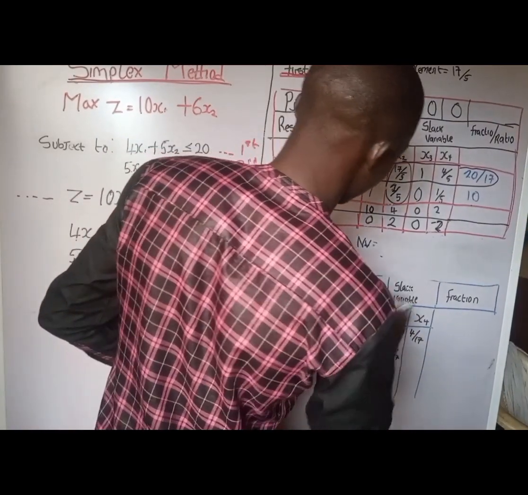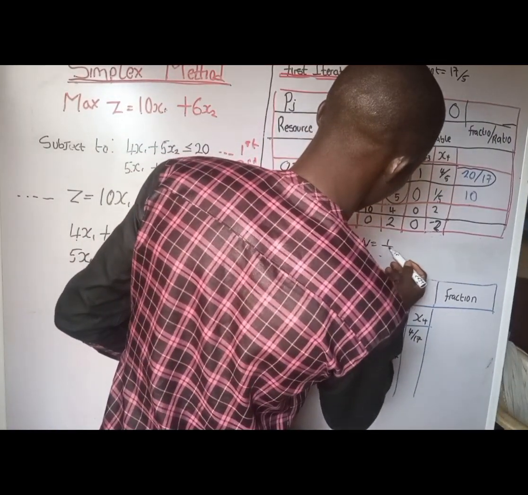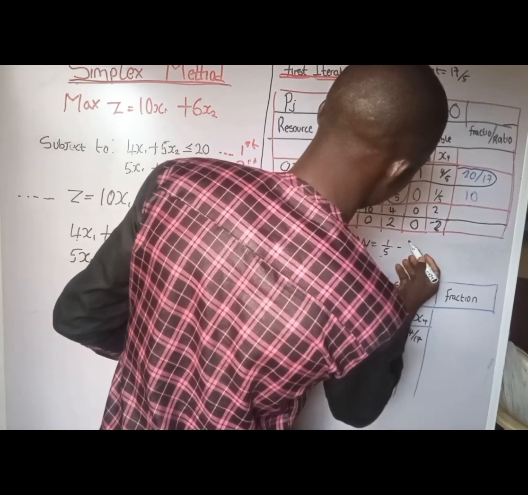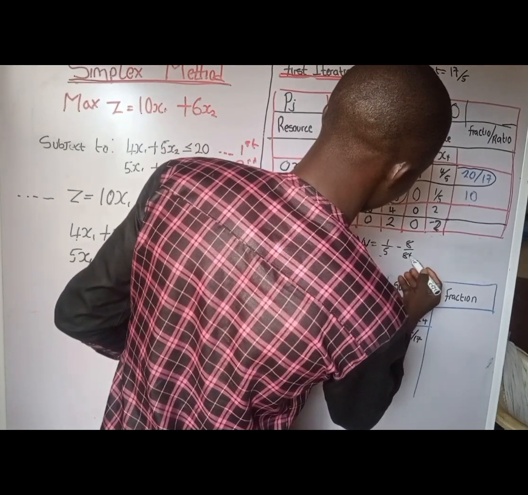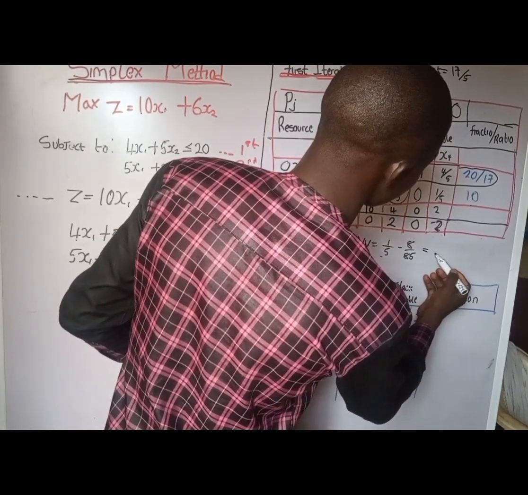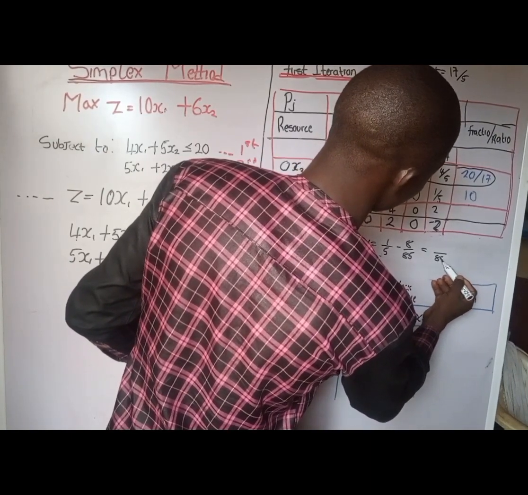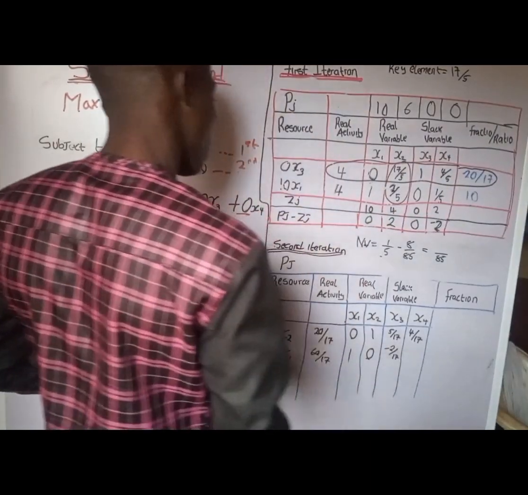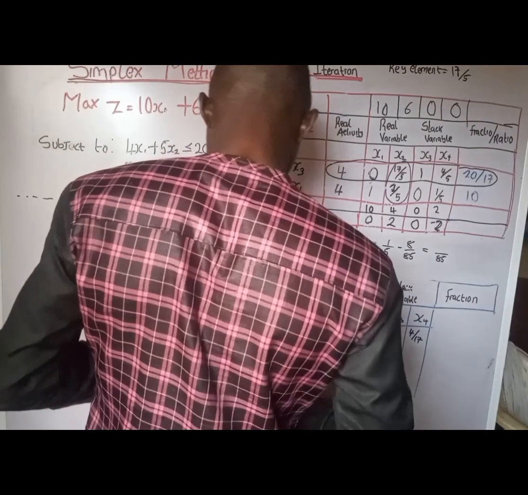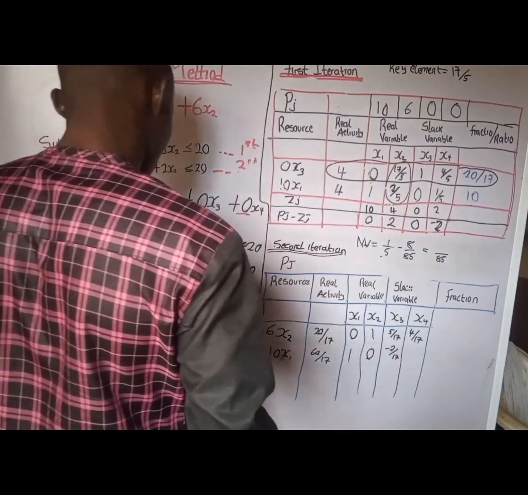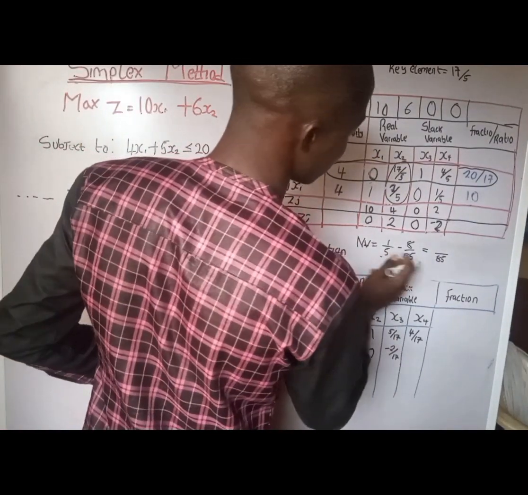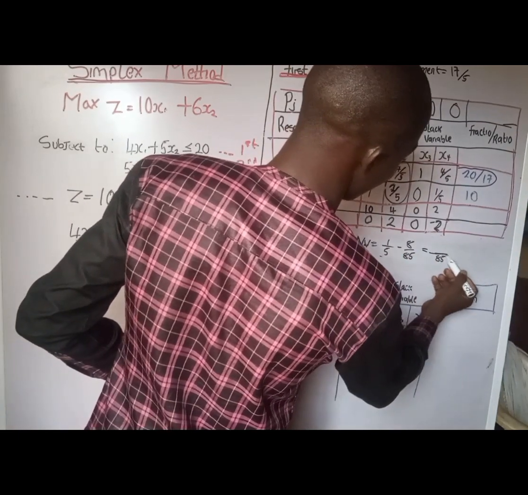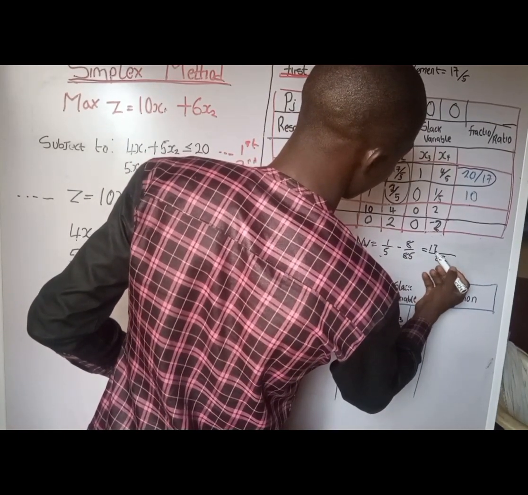1/5 minus 8/85. The LCM is what? 85. The LCM is 85. So 85 divided by 5 is 17. 17 multiplied by 1 is 17.